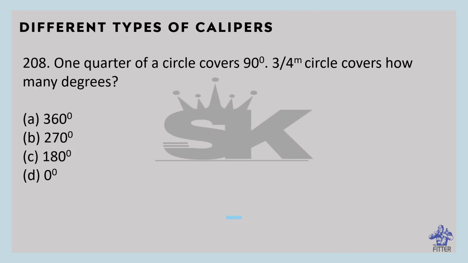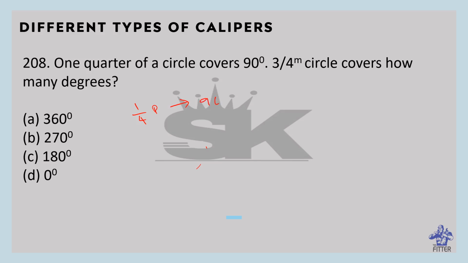One-fourth of a circle covers 90 degrees. How many degrees does three-fourths of the circle cover? One-fourth part equals 90 degrees, right?